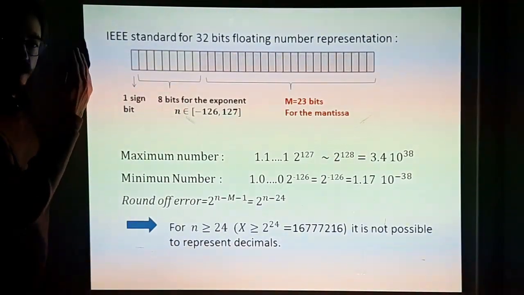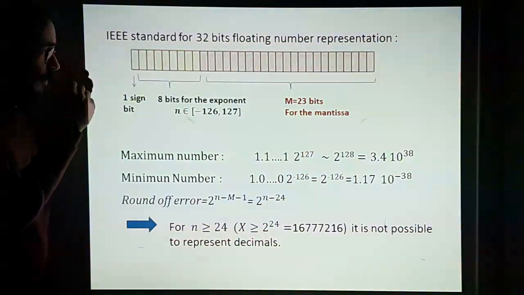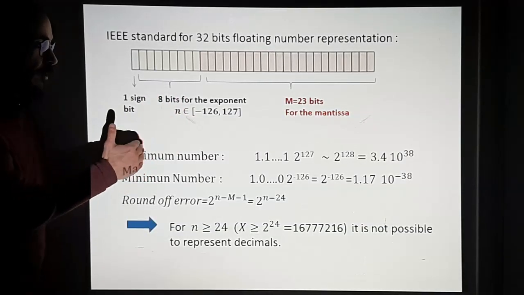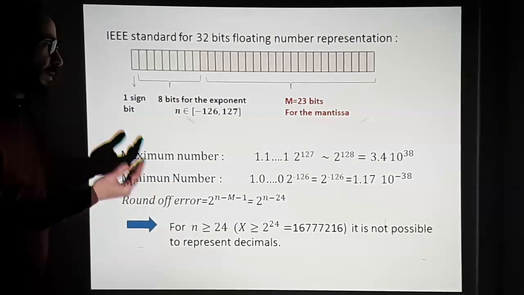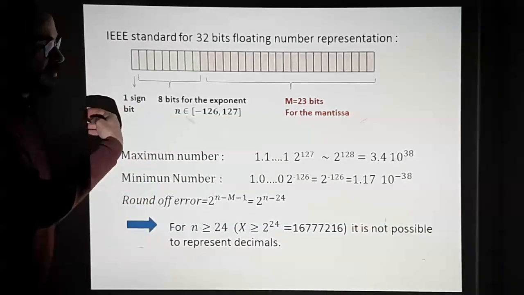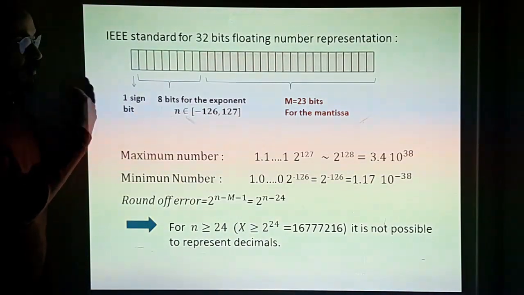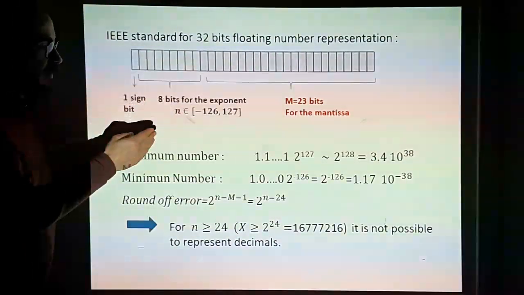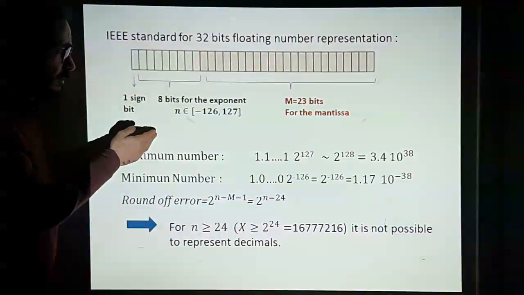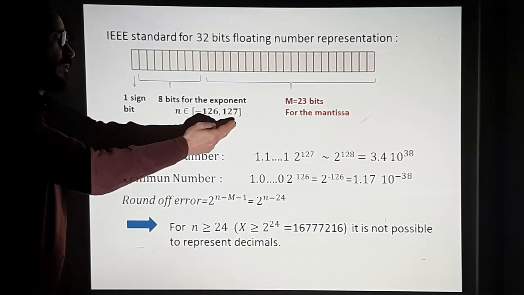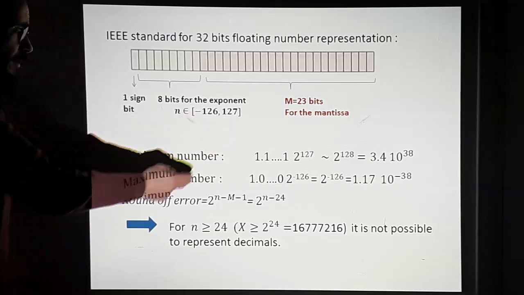Instead of assigning 1 bit for the sign of the exponent, they use another representation, which is called the bias representation, and there are some bits that they use for representing the 0 and the infinity. Now I will not enter into these details, but what is important is to know that the minimum value is minus 126 and the maximum value is 127.